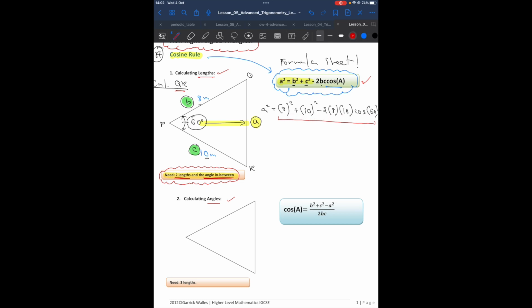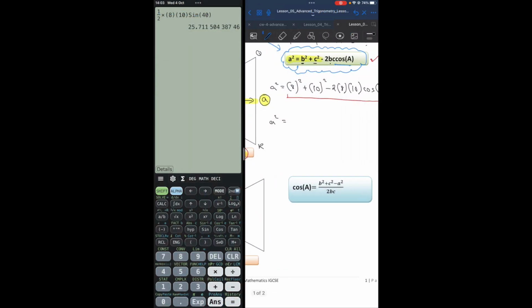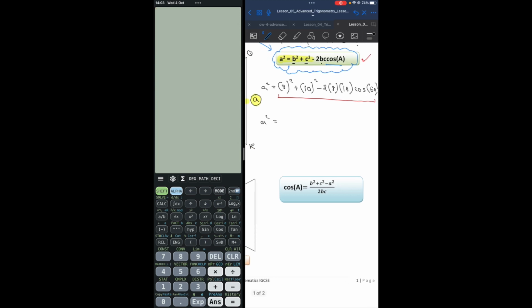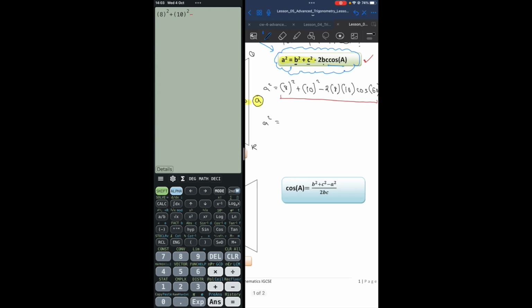So our next line of working will be a squared equals, and if I bring up the calculator, I'm going to type this into my calculator exactly as I've written it down. So open a bracket, 8 close bracket squared plus open bracket 10 close bracket squared minus, and then I've got the 2, 8, 10 and cos 60 coming after that.